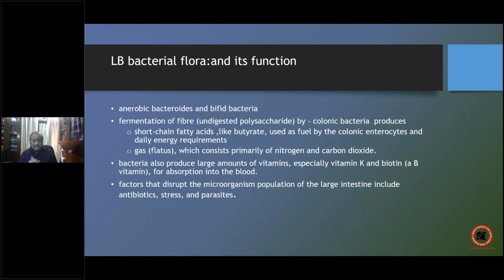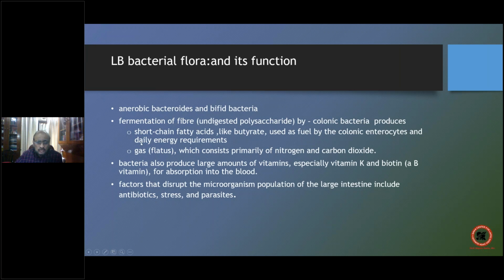What about the colonic bacteria? What are we looking at? We're looking at the anaerobic bacteroids and the bifid bacteria, the important constituents of the bacteria colonizing the colon. And what are they important for? Number one, they are important for fermenting the fiber, that undigested polysaccharide. Why are these important? They are the most important nutrients supplying the colonic endothelial cells.